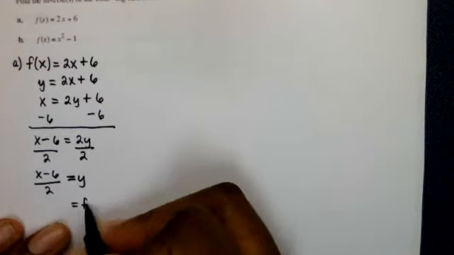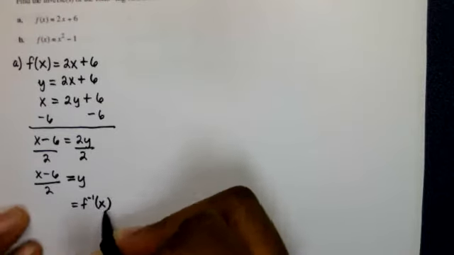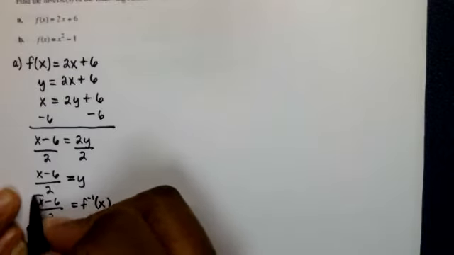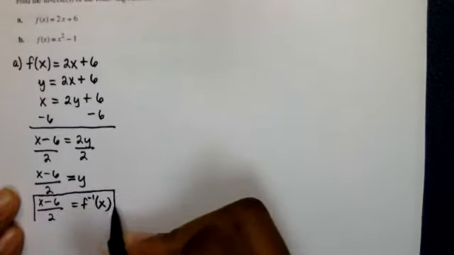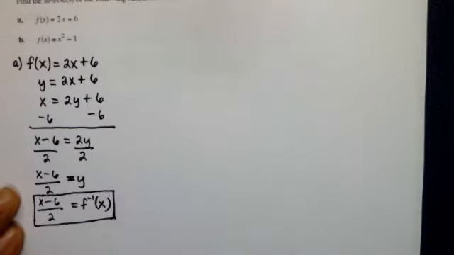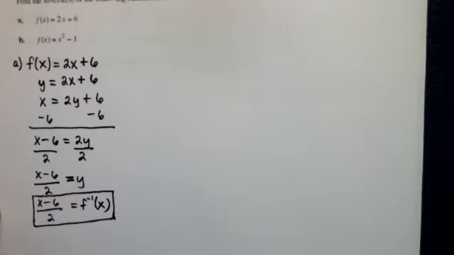And then replace that y, of course, with f inverse of x. So that means I have f inverse of x equal to x minus 6 all divided by 2. That represents what f inverse of x is.